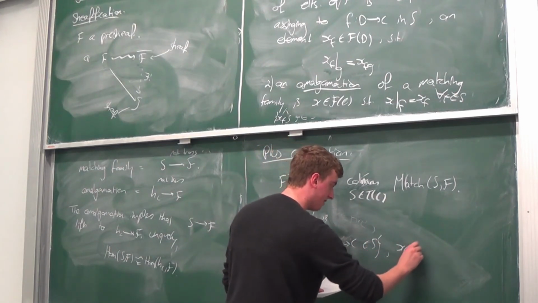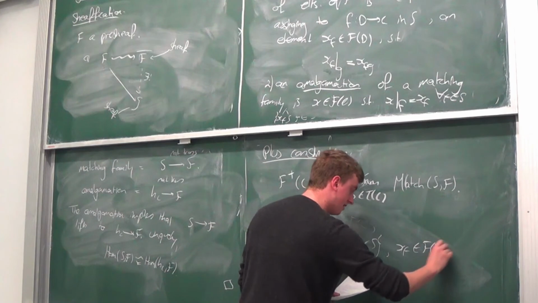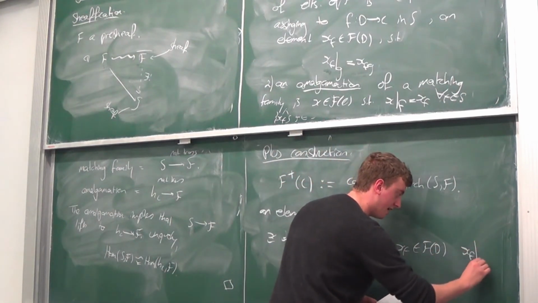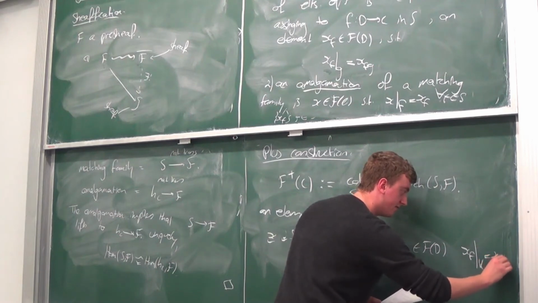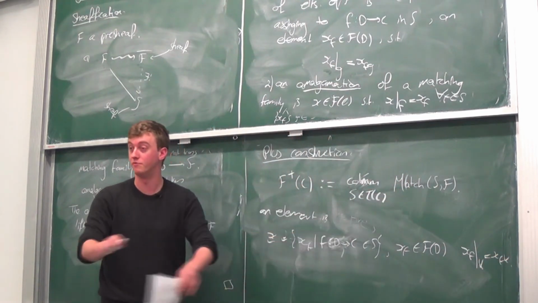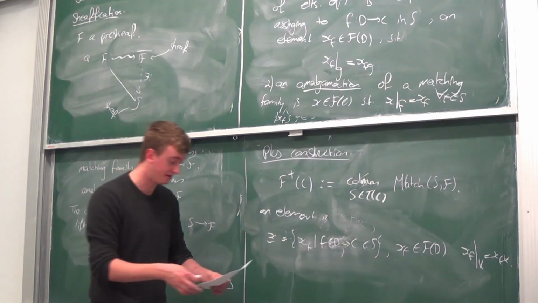So each x_f is inside F of D, and we're requiring that x_f restricted along k is x_{fk}, whenever this makes sense. Now the colimit induces an equivalence relation on this set of matching families.